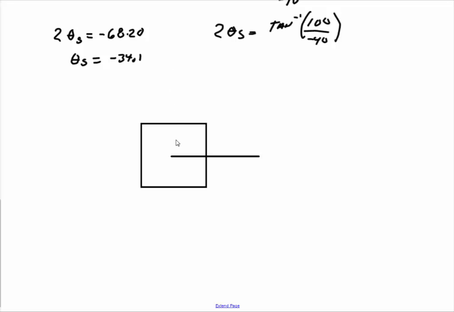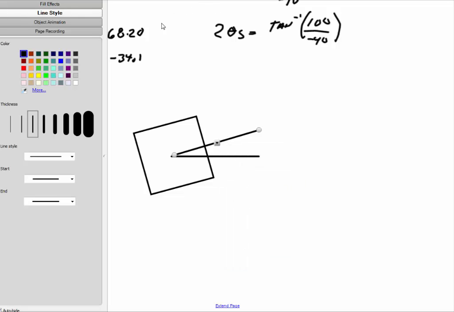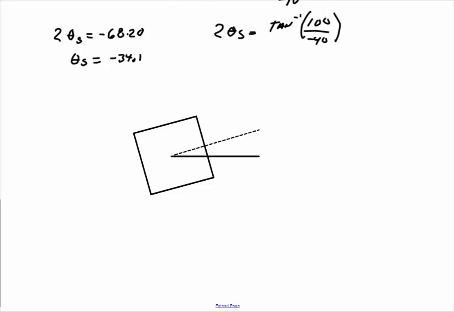I would take this one like this. I'm going to rotate it up. And again, this angle here is going to be your 34.1. Like that, and you try and draw it normal to this surface here. And I'll make that negative there. Okay, and we would label that as 34.1 degrees.